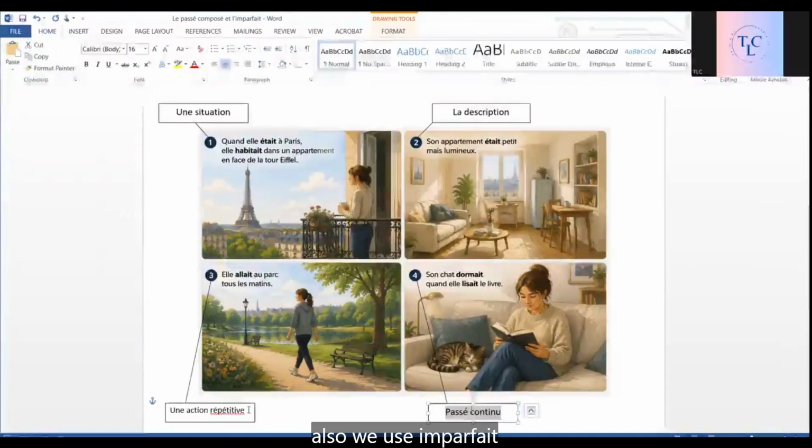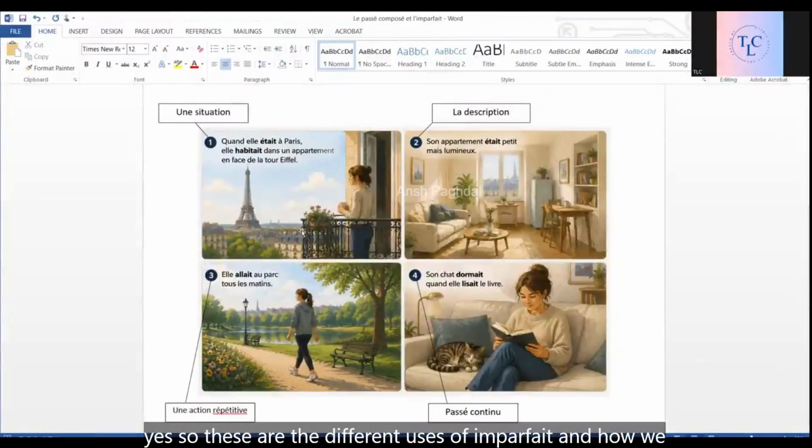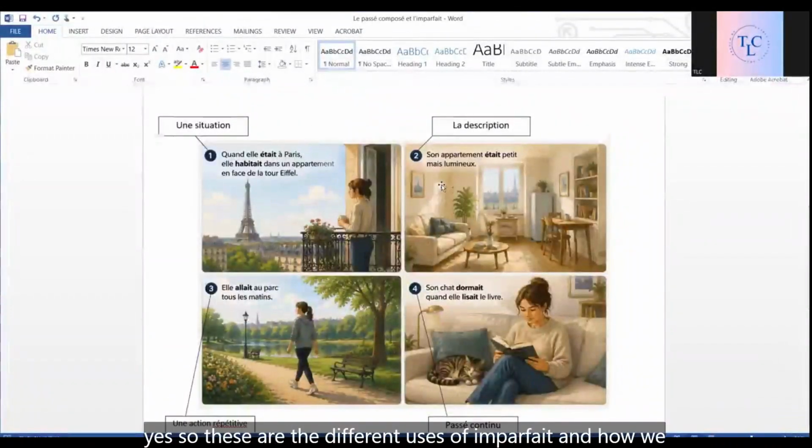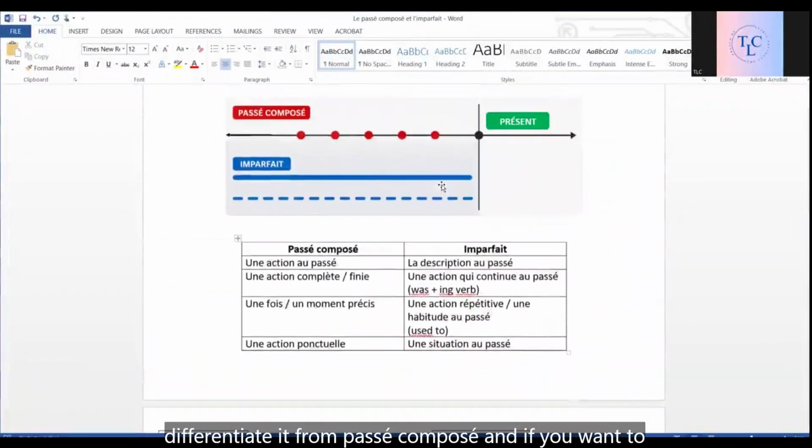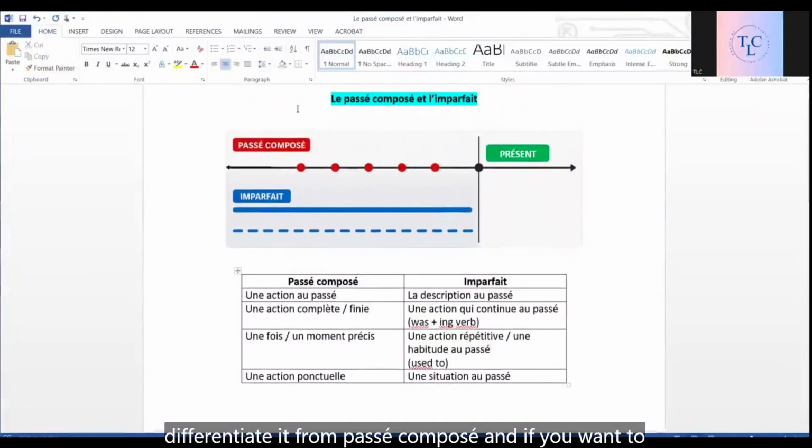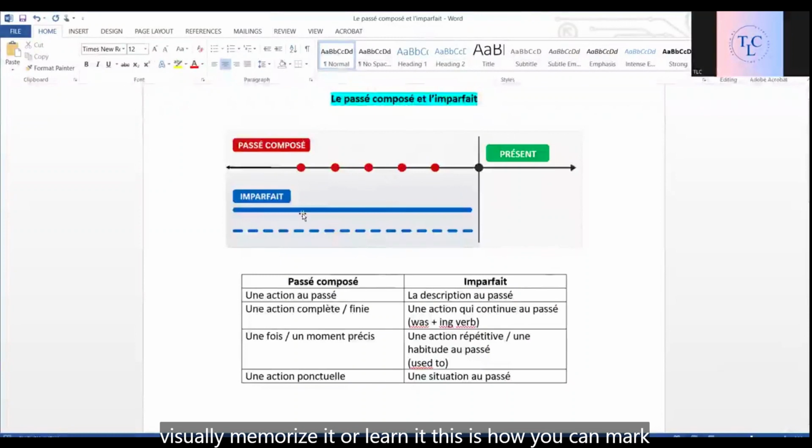So in that case also we use imparfait. Yes. So these are the different uses of imparfait and how we differentiate it from passé composé. And if you want to visually memorize it or learn it, this is how you can mark the difference.